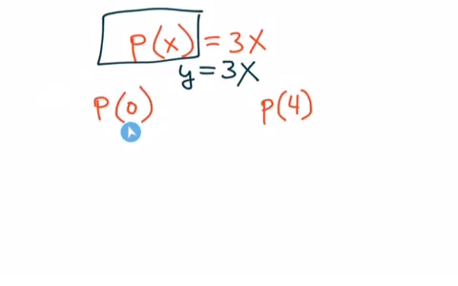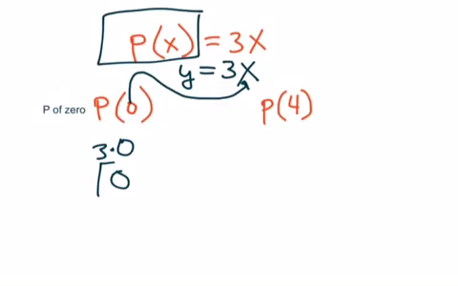But all we are doing is taking the number 0, plugging it in for x, and calculating. So to find p of 0, all you do is fill 0 in for x, and you'll have 3 times 0, which is 0. So the answer of p of 0 is 0.